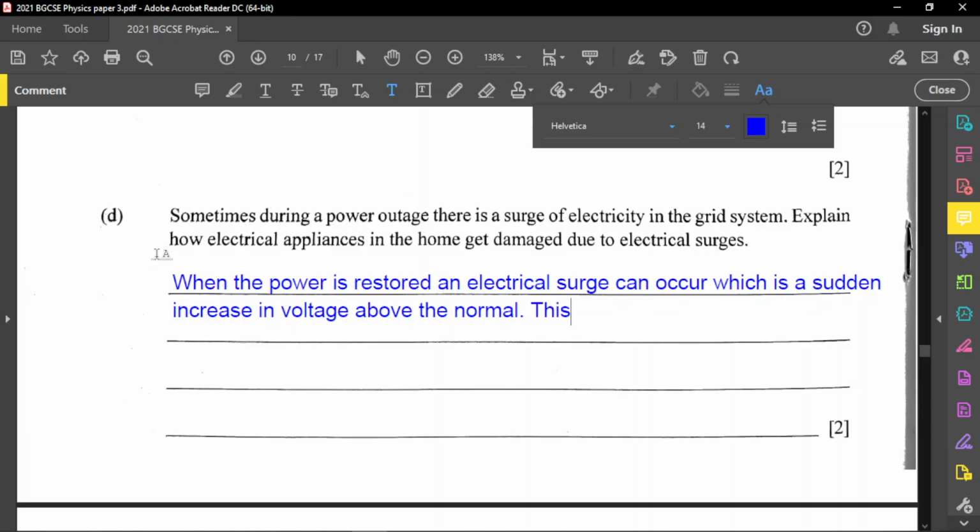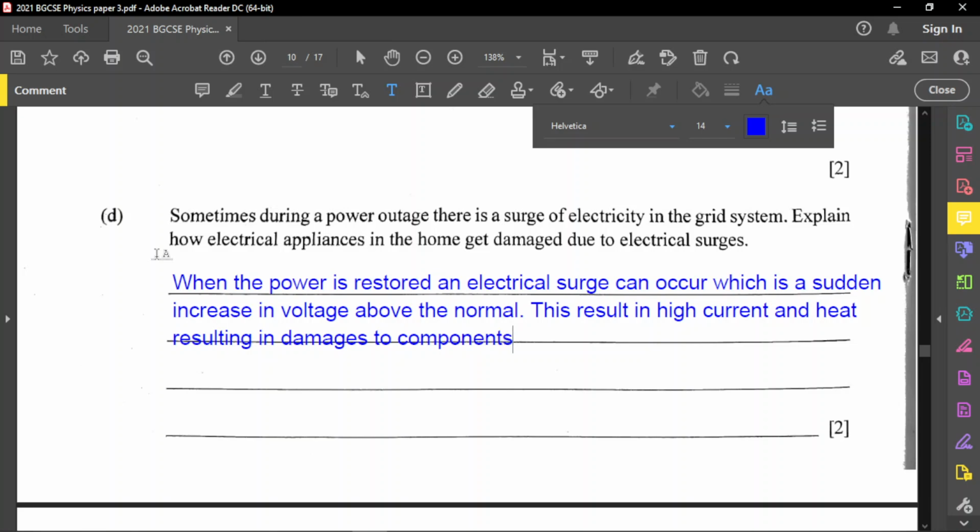So this is where the current part comes in. Also heat will sometimes be generated, resulting in damages. So the high current or the high heat that is generated will damage the components, resulting in damages to components.